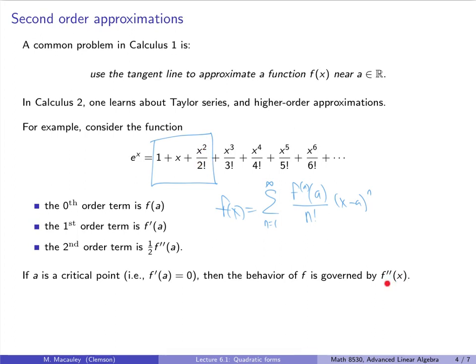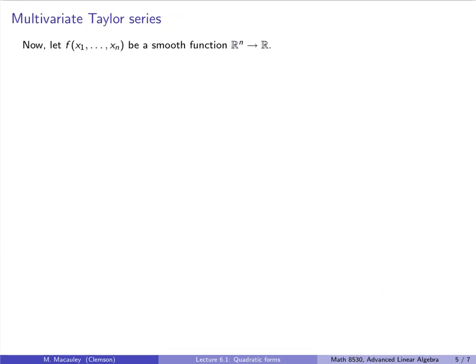In other words, it's governed by the second derivative of f. All of this extends to the multivariate setting. Now, throughout, I will be a little bit sloppy regarding things like convergence and the radius of convergence, because I just want to give the big picture and how quadratic forms and self-adjoint mappings fit in.